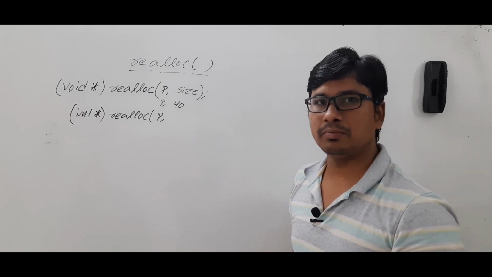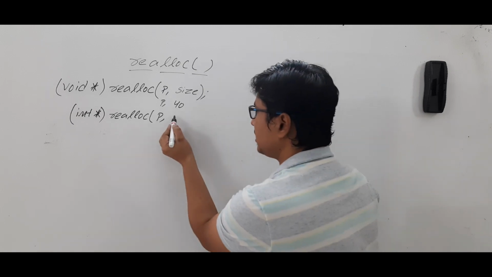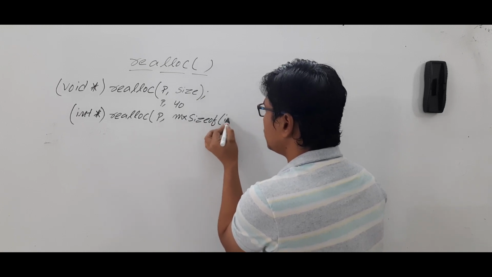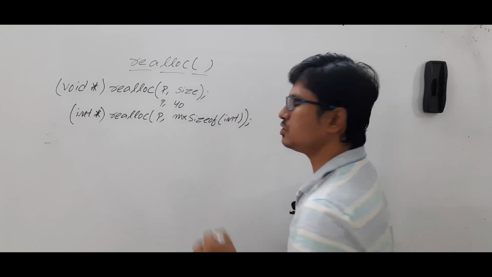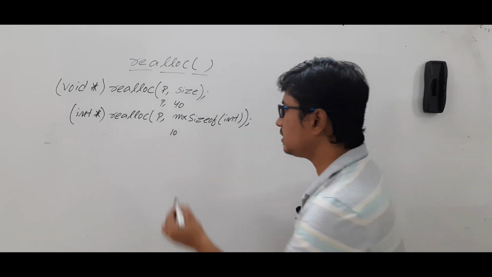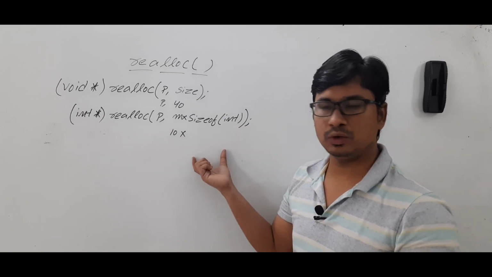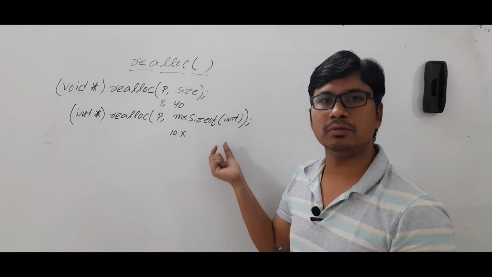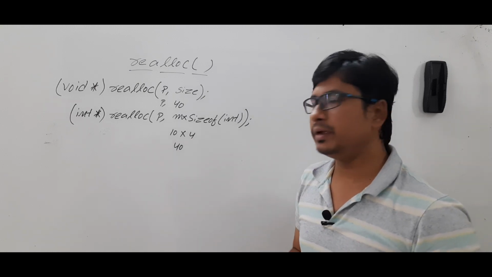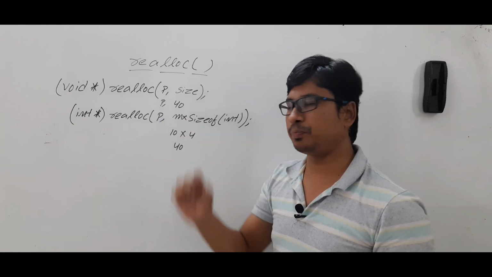I want to allocate the memory to store m number of integers, so I will write m into sizeof int. Let's assume that the user has entered the m value as 10. Then 10 into, let's take that you are running this program on a 32-bit compiler, you know the size of one integer variable will be 4 bytes. So 10 into 4, 40 bytes of memory will be allocated, and the base address of that will be stored in the pointer p.